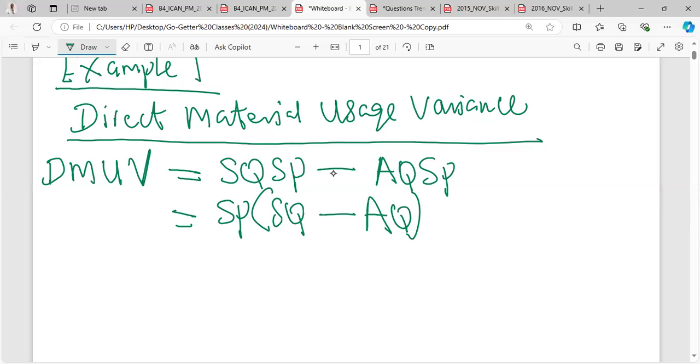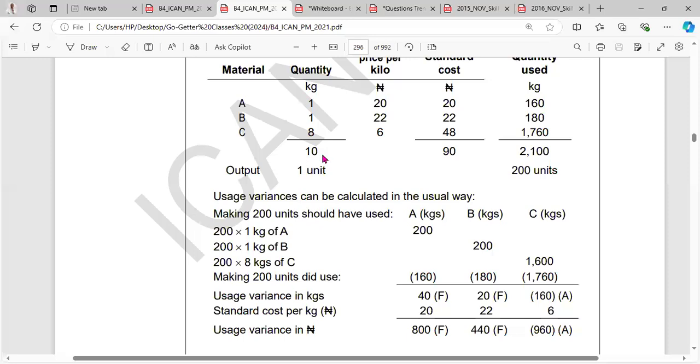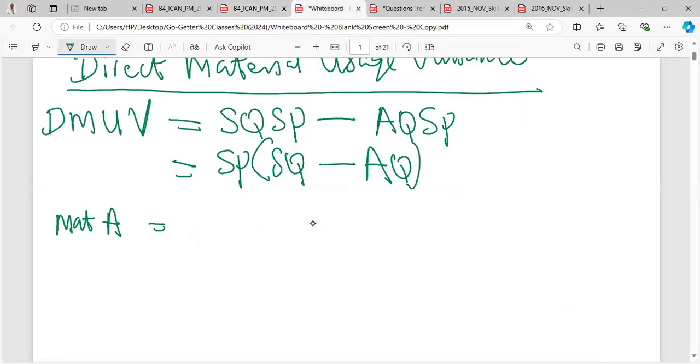All right, so now let's look at material A. What is the standard price for material A? The standard price here is 20 naira per kilo. So that's the standard price.